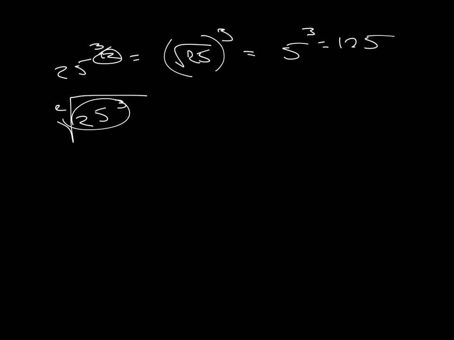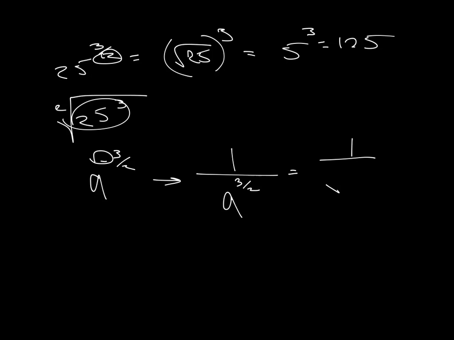Alright, let's look at the next one. 9 to the negative 3/2. Okay, again, all that negative means is that the 9 and the 3/2 are in the wrong place. So we'll put them down there and make them positive. Now I can write this as 1 over the square root of 9 cubed.